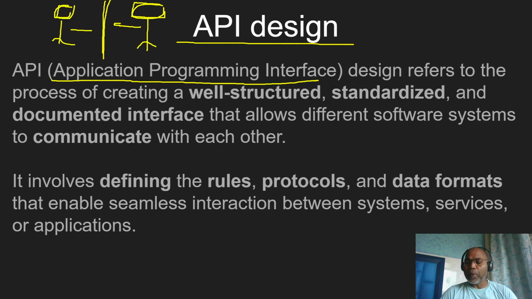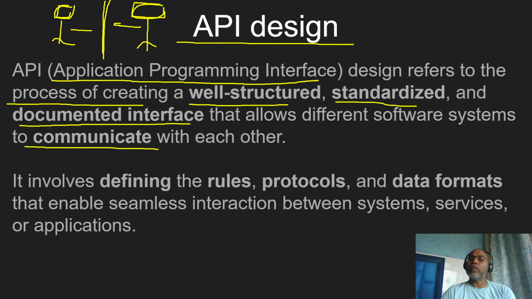So API, the application programming interface, refers to the process of creating a well structured, standardized, and documented interface that allows different software systems to communicate with each other. Say software system 1 and software system 2 want to communicate. They need a clear interface document so that the client is aware, hey, this is the way the server can understand.